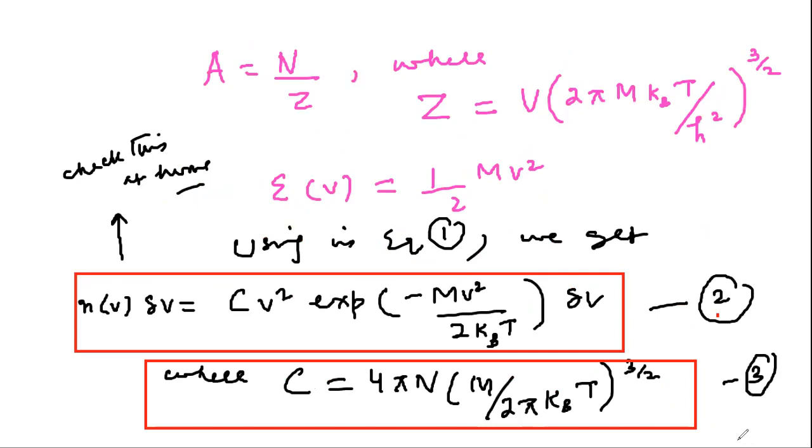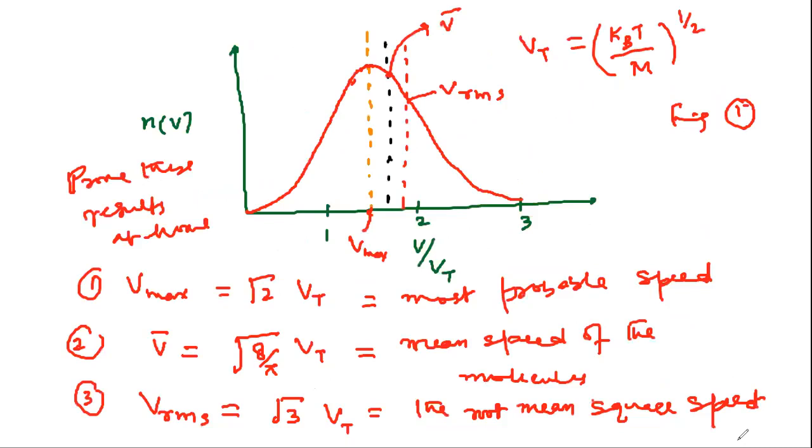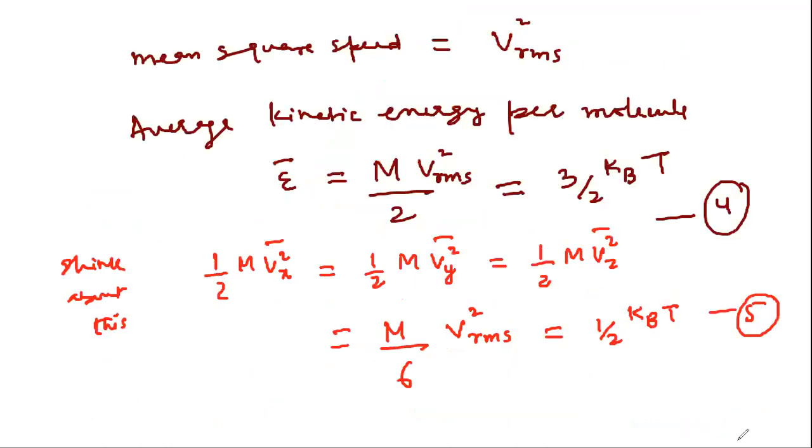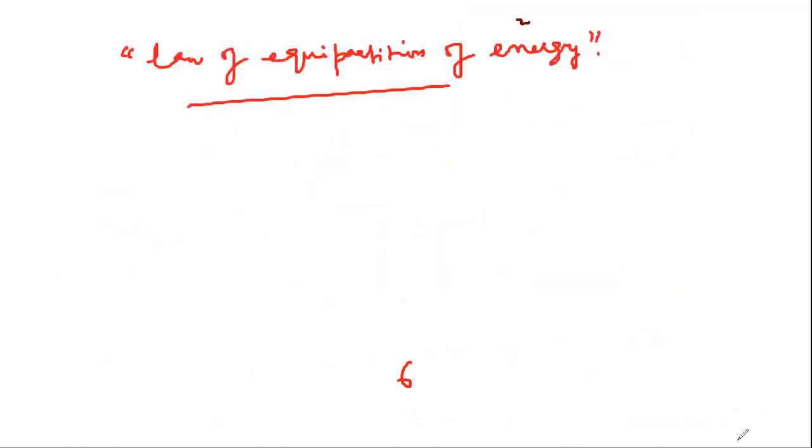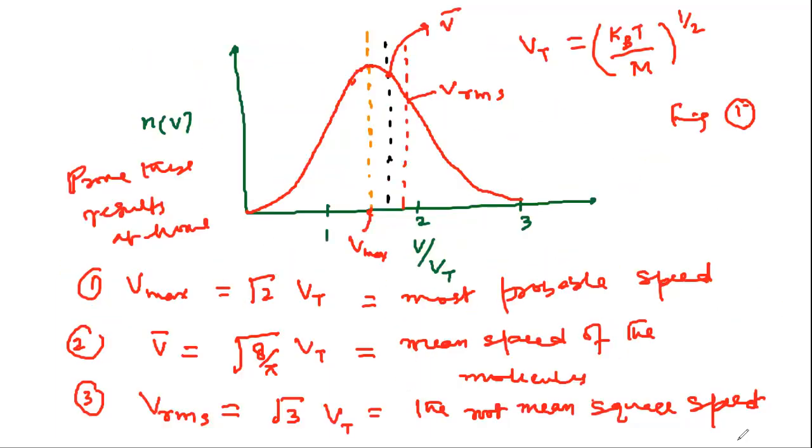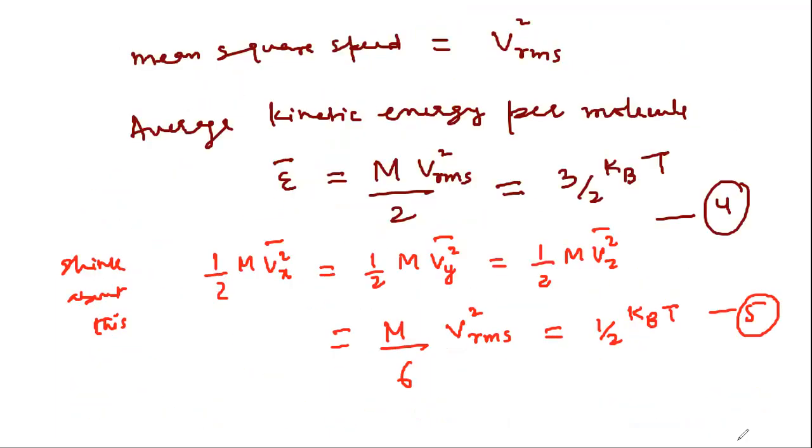I talked about the procedure and I wrote the expression directly. You will check it. Then I discussed the three speeds and I gave you homework to prove these three results. And I talked about the law of equipartition of energy, which follows here from the Maxwell-Boltzmann statistics.